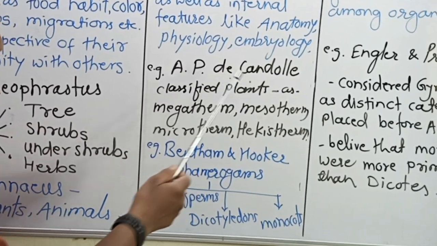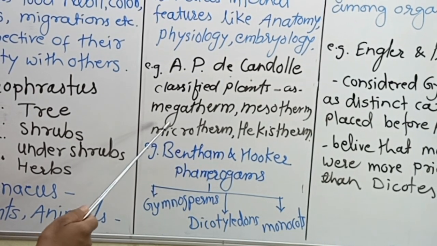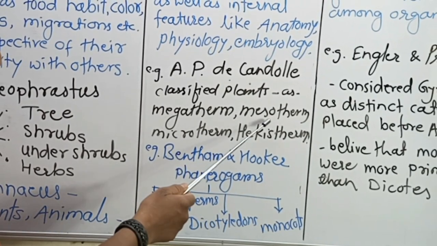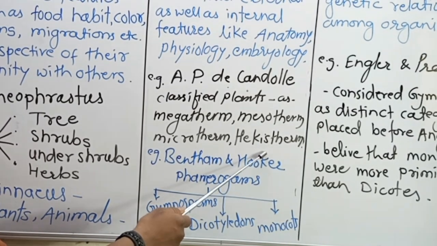According to A.P. de Candolle's classification, plants were classified into four groups as megatherms, mesotherms, microtherms and hekistotherms.